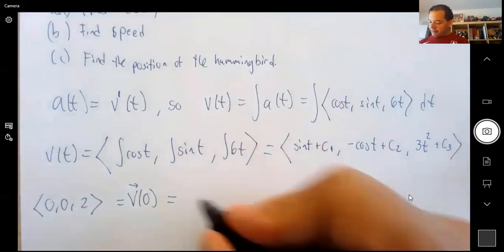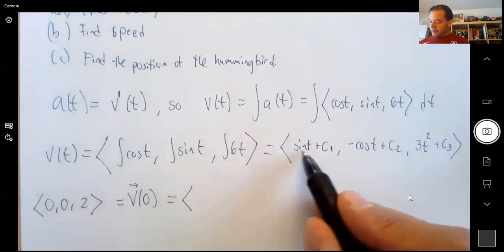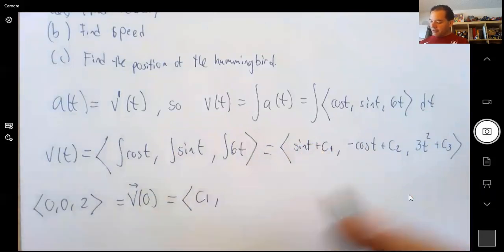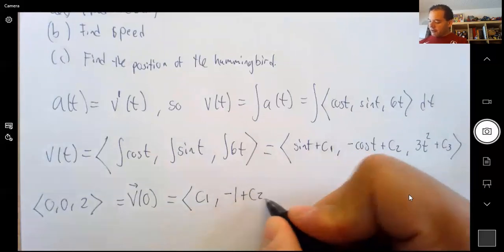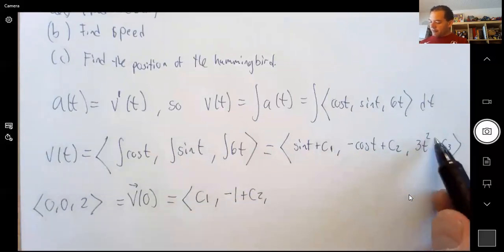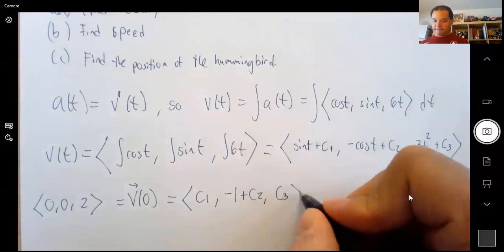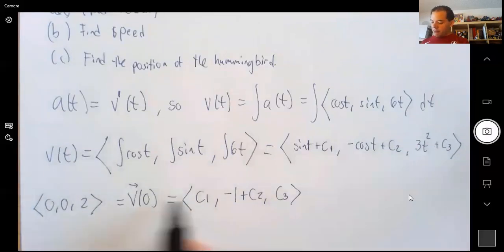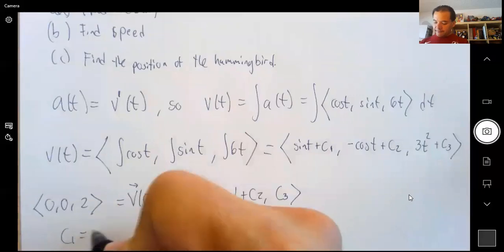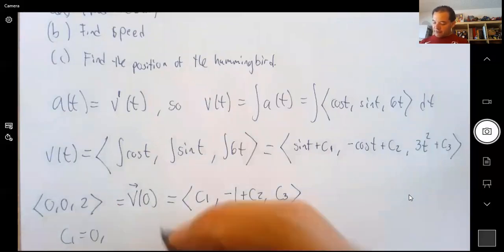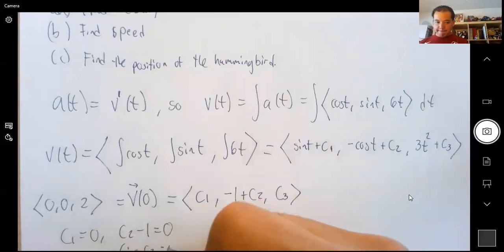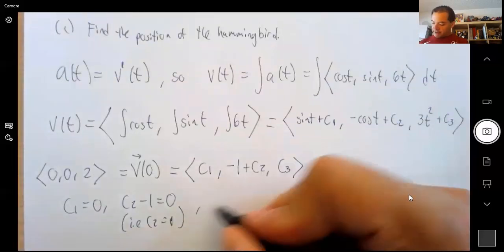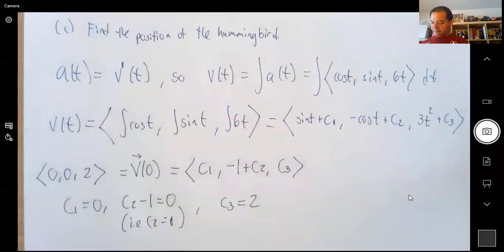On the other hand, it should be negative sine of 0, which is 0, plus c1; negative cosine of 0, which is negative 1, plus c2; and 3 times 0 squared, which is 0, plus c3. From here, c1 is 0, c2 minus 1 is 0 so c2 is 1, and c3 is 2.